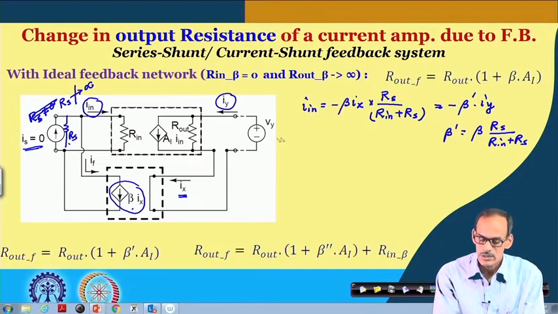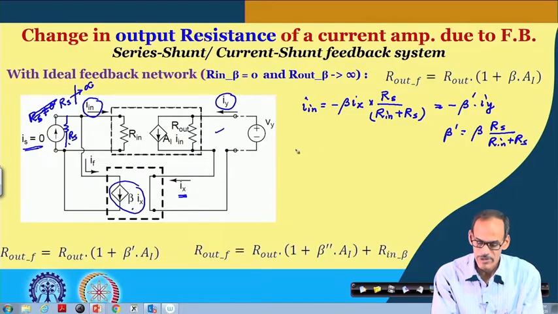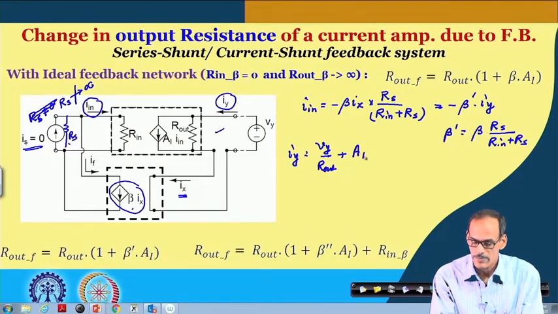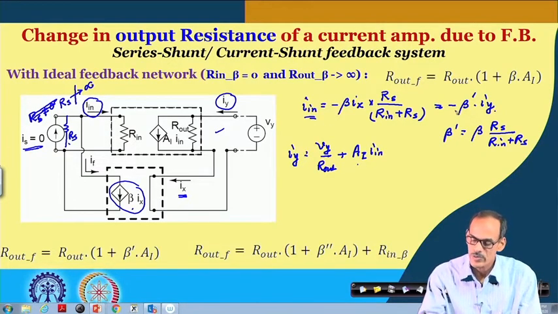And the other equation at the output port remains the same, namely I y equals V y divided by R out plus A I into I in, and I in is beta dashed into I y with a minus sign.